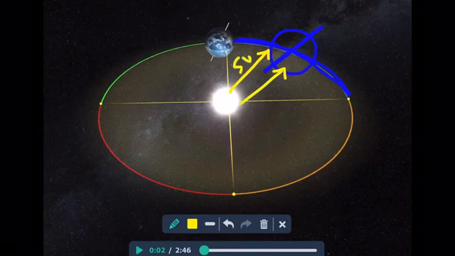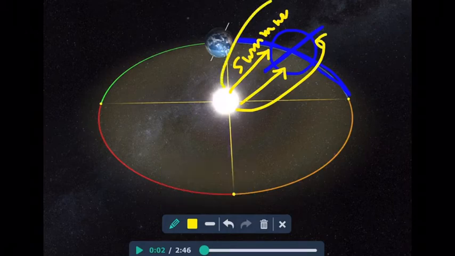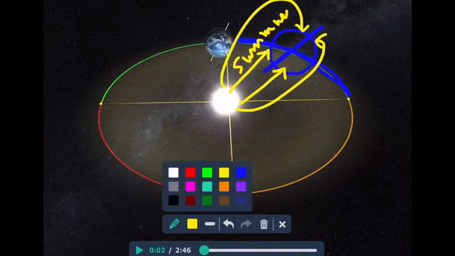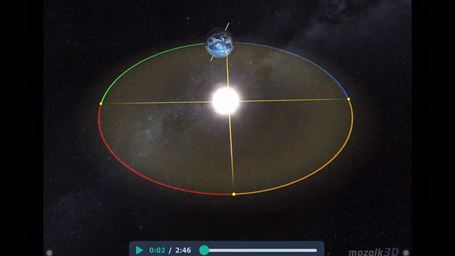Hence, southern hemisphere will be having summer season, whereas in northern hemisphere it is falling in a slanting manner. So the northern hemisphere would be having winter season. Okay, so this is how the season changes.